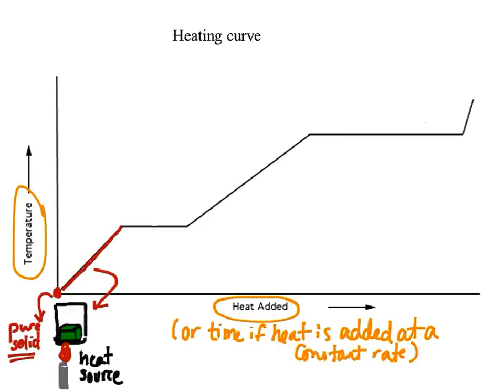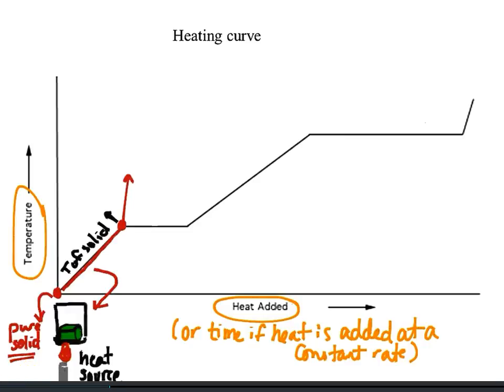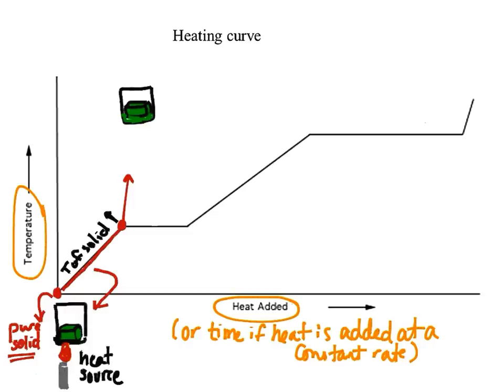You have only solid at that initial sloped line, and the increase in slope signifies that the temperature of the solid is increasing. At the end of that sloped line is where the solid begins to melt.